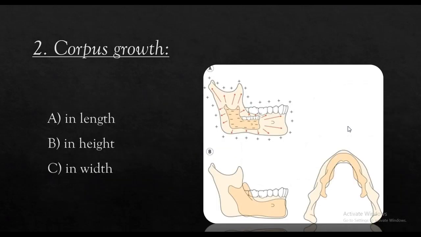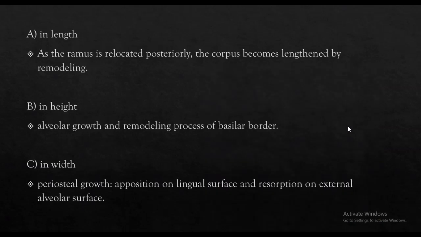The corpus of the mandible grows in 3 dimensions: in length, in height, and in width. The corpus growth in length occurs as the ramus is relocated posteriorly. The corpus becomes lengthened by remodeling.